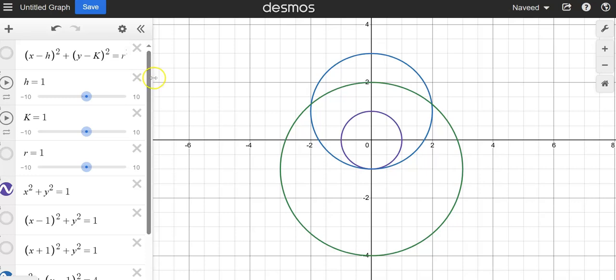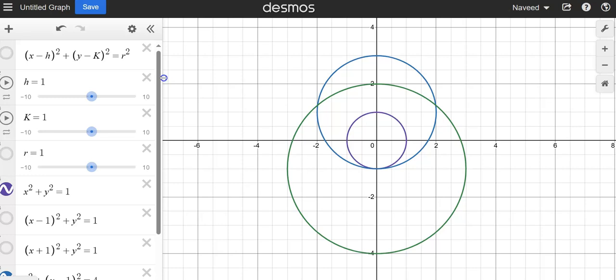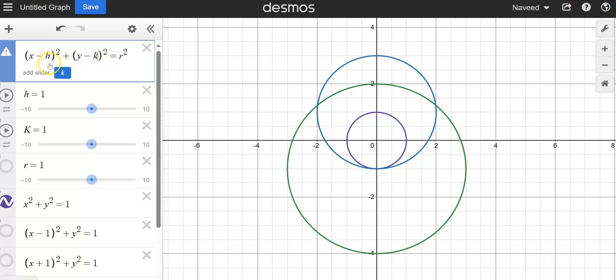An equation of a circle is given by this relation, x minus h all squared plus y minus k all squared equals r squared, where h and k are the coordinates of the center of the circle, (h, k), and r is the radius of the circle.